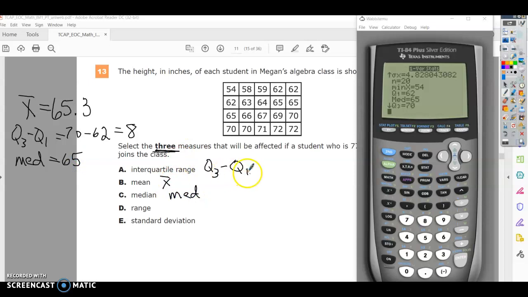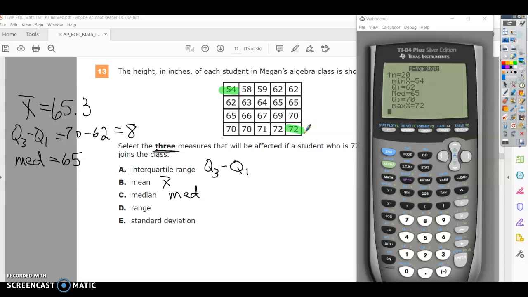And then the range. Let's see if it gives us the range. The range is the difference between the highest and the lowest number. I don't think it gives it to us on the calculator here, but we can easily find the range by looking at the set of data. If you look at the set of data, these are in order from lowest to greatest. So our range comes simply from taking the difference of the highest and the lowest number.